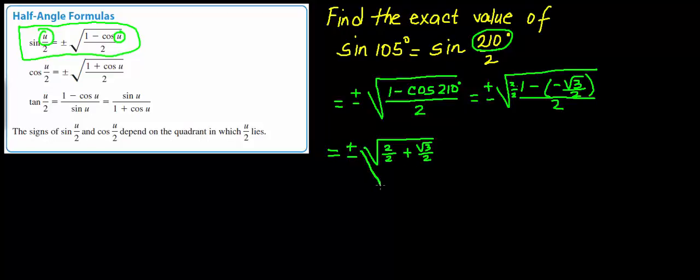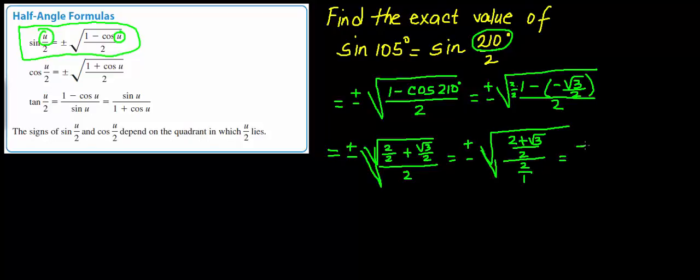And let me make this radical a little bit taller so that I can fit my denominator of 2. So that will equal plus minus the square root. I can write everything over 2, so that would be 2 plus the square root of 3 over 2, everything over 2. And I'm still inside the radical. Notice I have a fraction in the numerator and a fraction in the denominator. This 2 is over 1, technically.